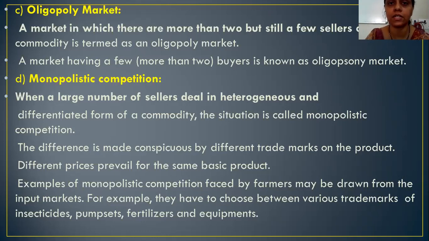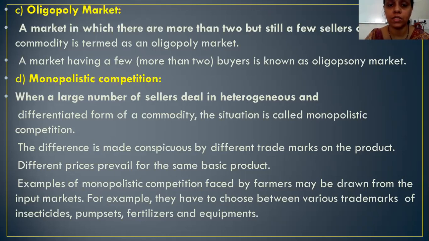The difference is made conspicuous by different trademarks on that product, because if any company produces its own product, the trademark of that company is different and it sells with that particular trademark. So different prices prevail for the same product in that competition.